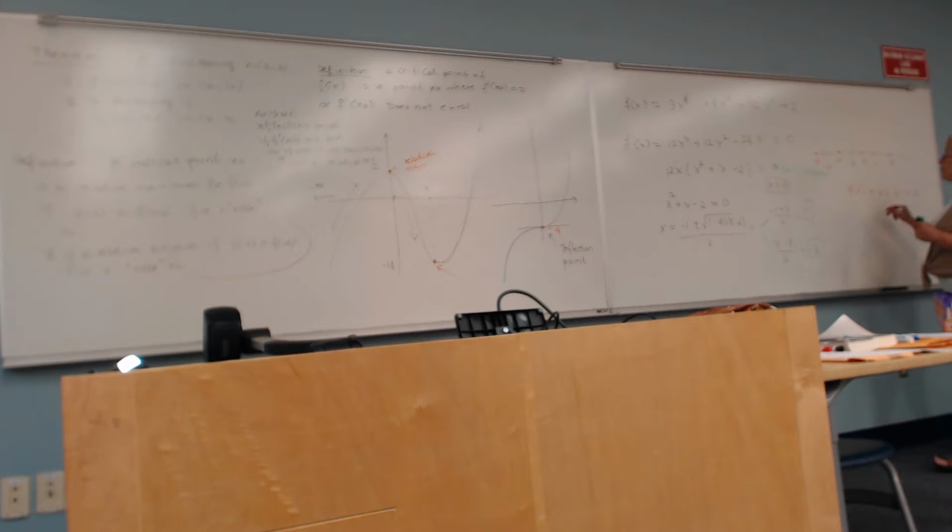Now for minus 3, we have minus 3, then minus 3 minus 1 which is minus 4, and minus 3 plus 2 which is minus 1.